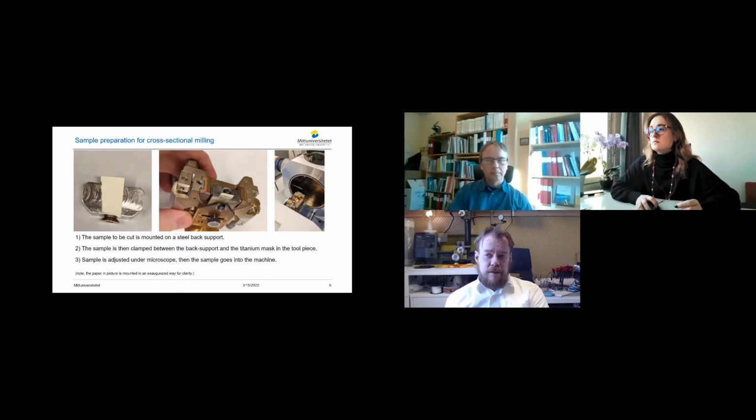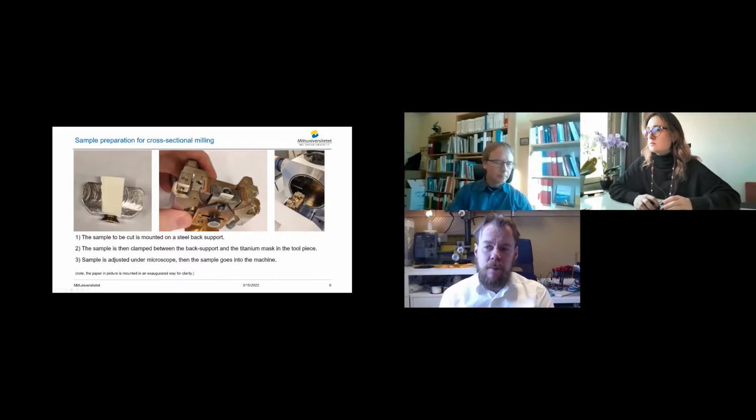That's what the tool piece is used for. In front of the paper we also see another metallic silver colored square, and that is the front mask that is facing the plasma beam.